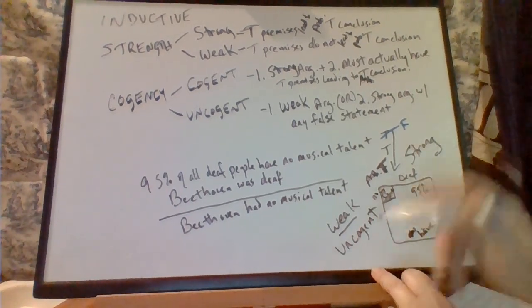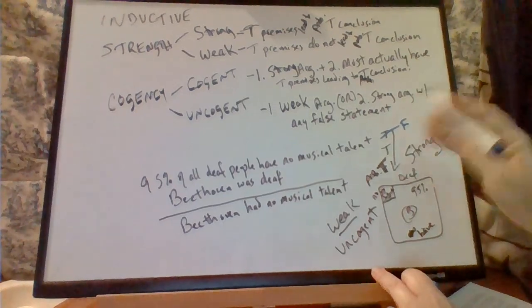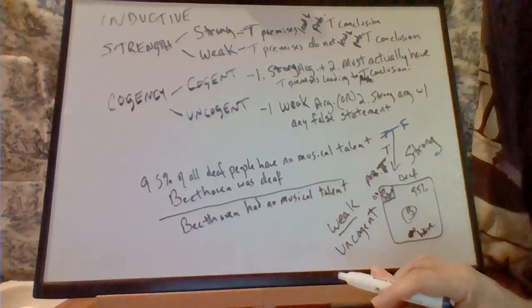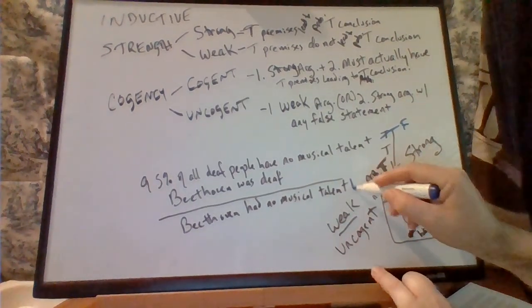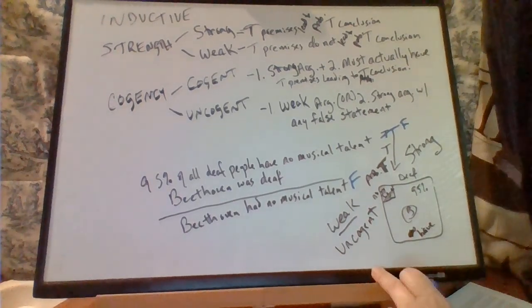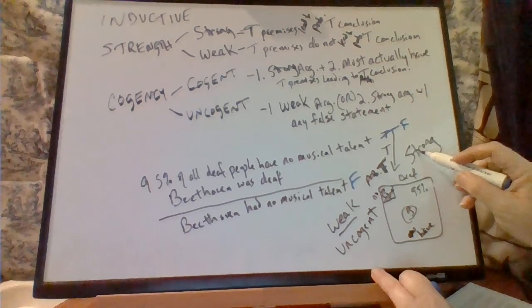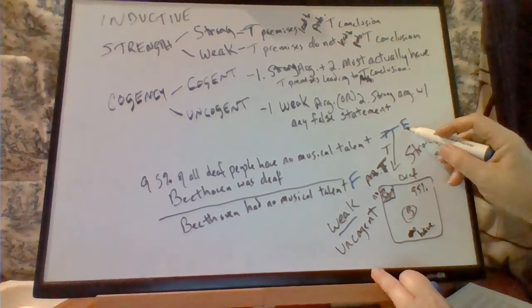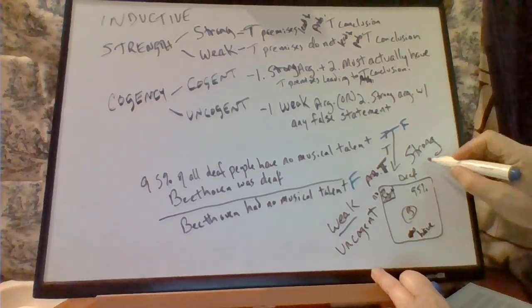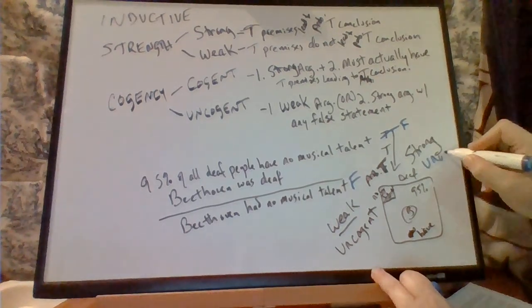So we've got at least one false statement. And although it's a matter of opinion, the statement that Beethoven had no musical talent would pretty much universally be considered false as well. But the point is, even though it's a strong argument, it has at least one false statement, which means that it is also uncogent.